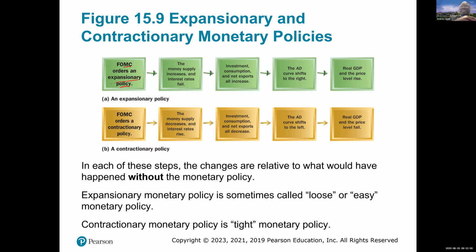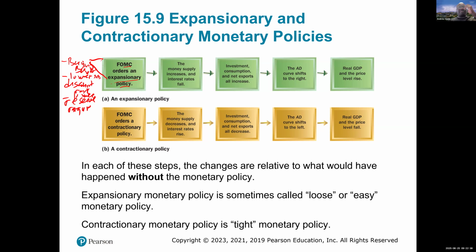Expansionary policy means the Fed is going to buy bonds. When I say expansionary here, using the tools of monetary policy, it can mean buying bonds, lowering the discount rate, or lowering the reserve requirement ratio.